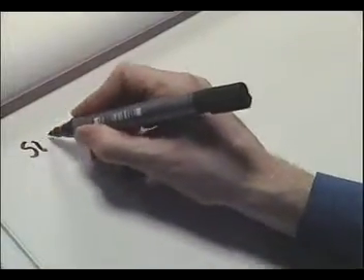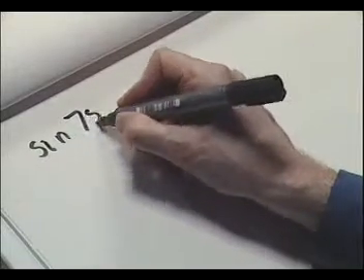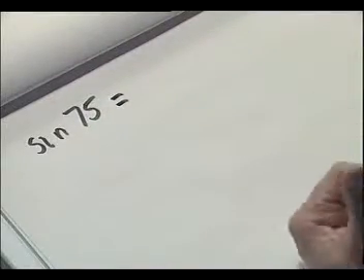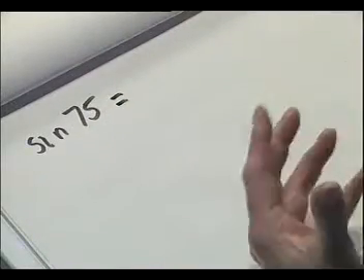Let's have a look at another way. Supposing we were asked to find what's sine 75, but no, don't reach for your calculator. You've got to work out sine 75 as an expression, not as a set of decimals, but as an expression. Well, what we've got to think about is how can we make 75 from angles whose sine and cosines we know very well.